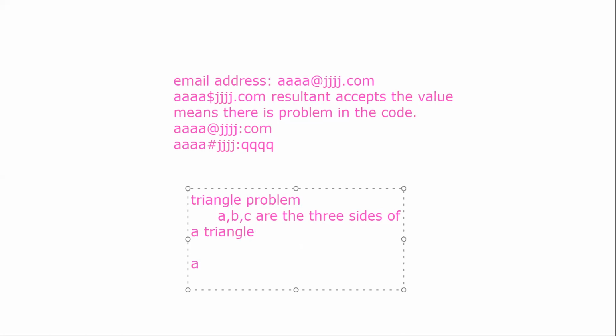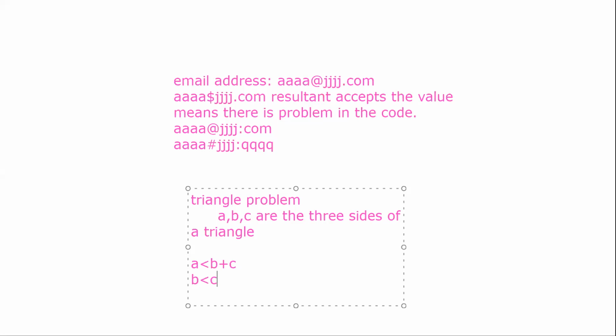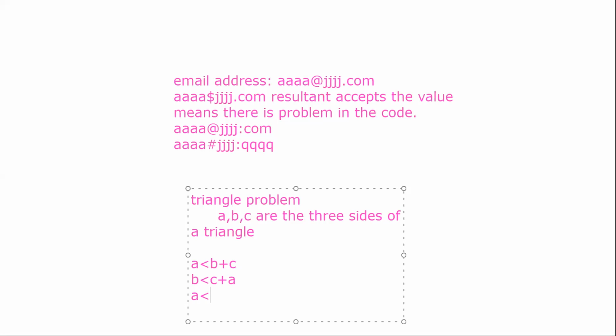A should be less than B plus C. Next, B should be less than C plus A. Similarly, C should be less than A plus B. This is what it is.